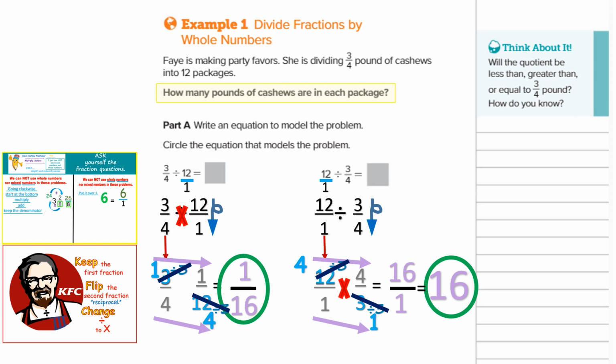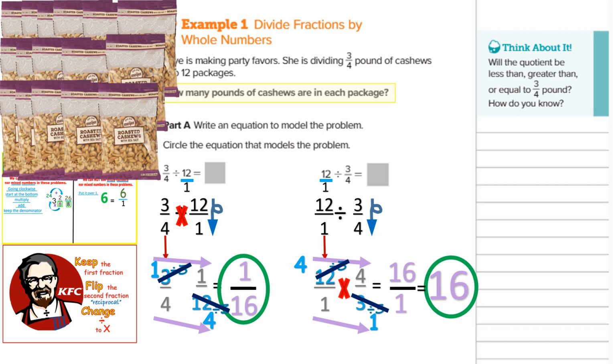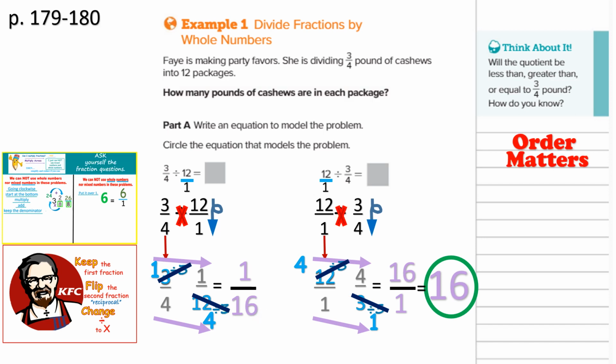If I had 3/4 of a pound of cashews and I put it into 12 individual packages, then I end up with 1/16 of a pound, right? So there's not going to be very much in that little itty bitty portion left over for the packages, but it's enough to make some people happy, right? If I end up with just 16 packages and each of them have 3/4 of a pound, well, that doesn't make any sense, right? So when I get to my answers, I have to stop and think logically.